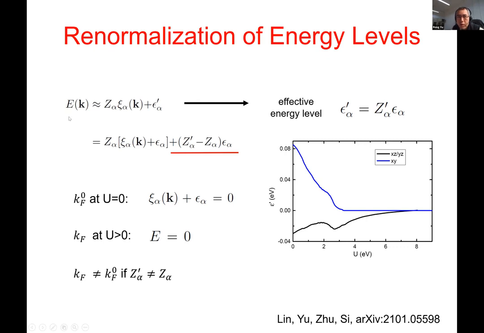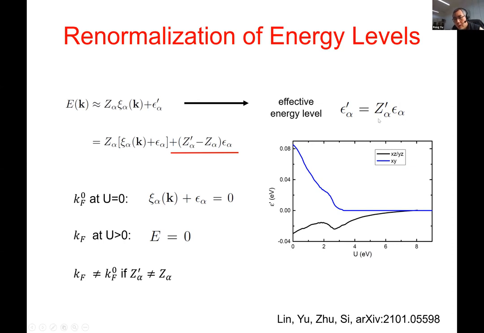Fermi surface. So close to the gamma point, the dispersion of the whole bands can be approximately written in this way. So it includes a non-interacting Fourier component of the hopping parameters, which is renormalized by the quasi-particle spectral weight at orbital alpha, and then plus a level energy, which is also renormalized in this way.